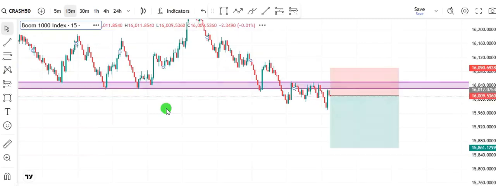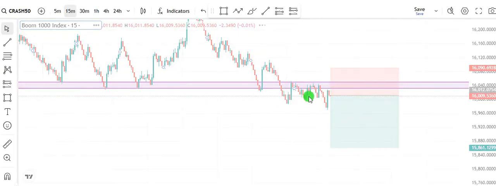So we started with Cash 500. Okay, let's just go straight into the Cash 500. What's going on? Come on, come on. Cash 500 doesn't want to crash.